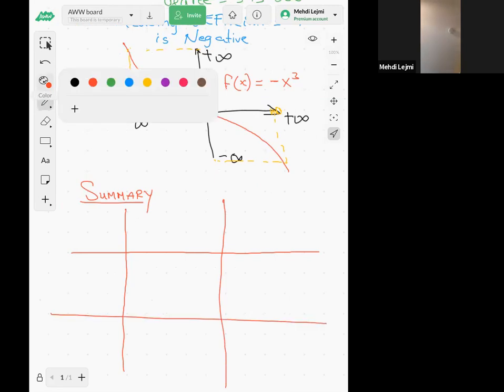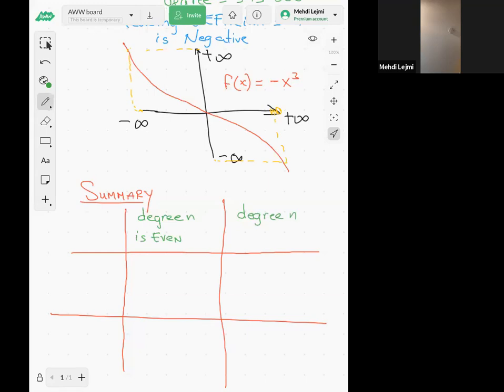So here, this is my degree n. Here the degree n is even. Here my degree n is odd. Here my leading coefficient is positive.